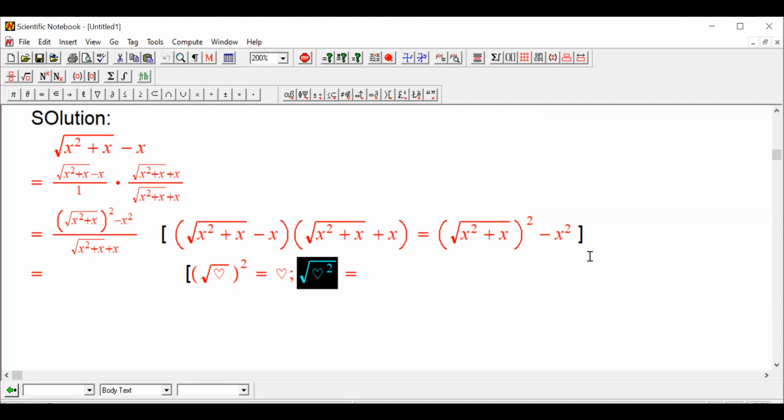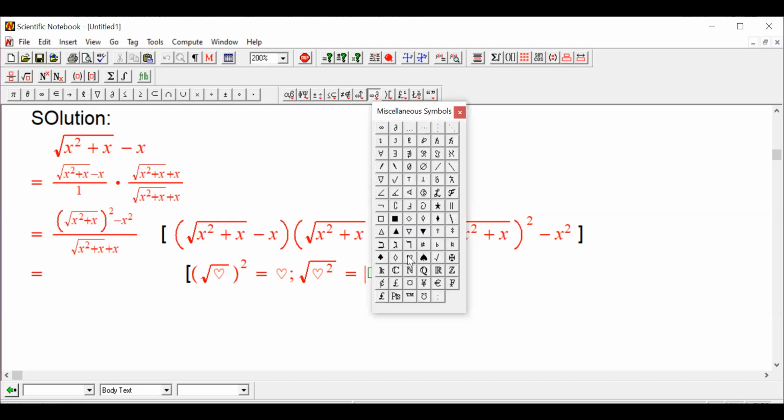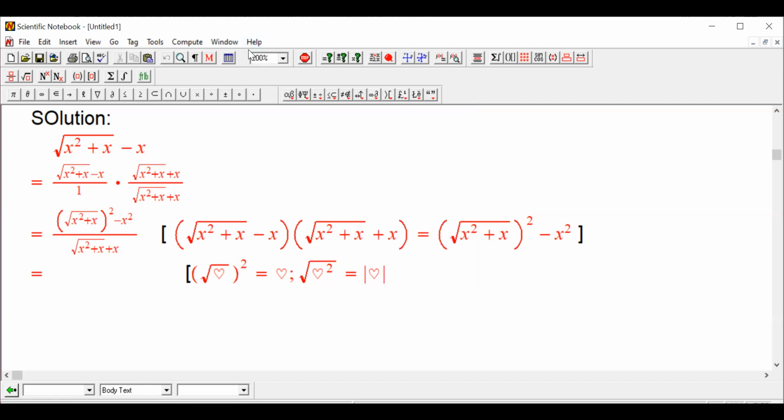Big difference. I'm going to explain this after we finish this question, because the latter equals the absolute value of the heart. The heart is a placeholder, and you can replace it by x, by y, or by whatever symbol of your choice.